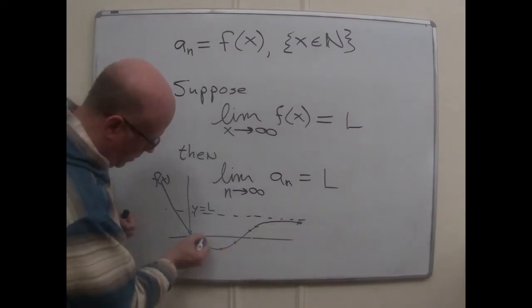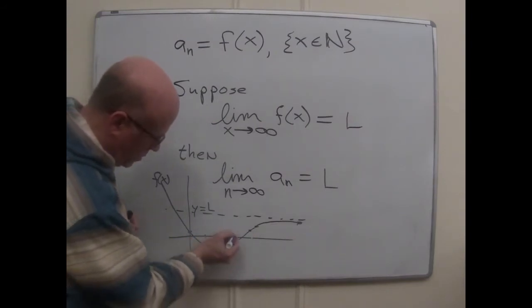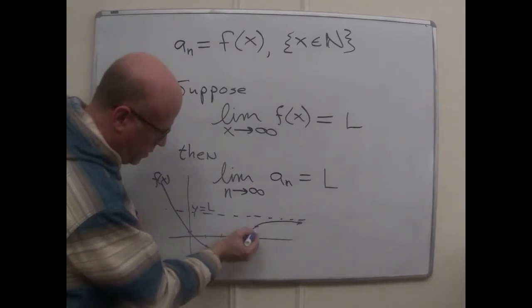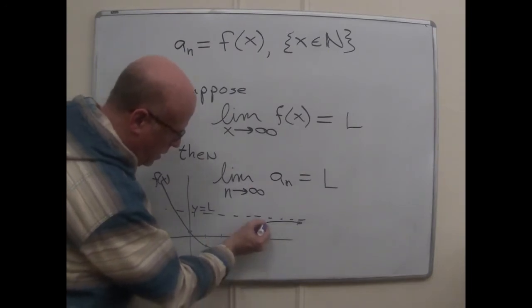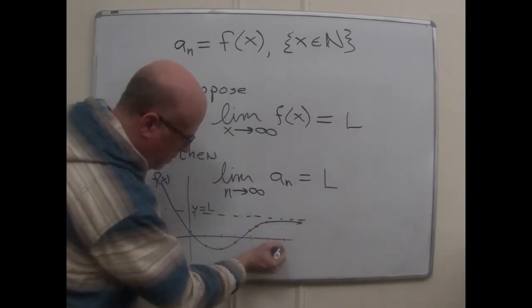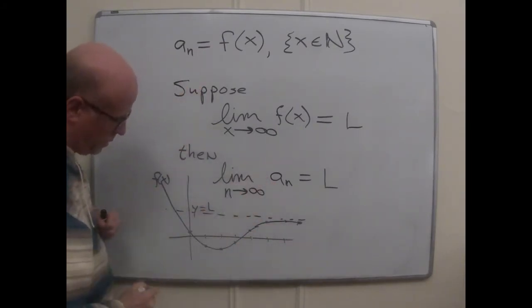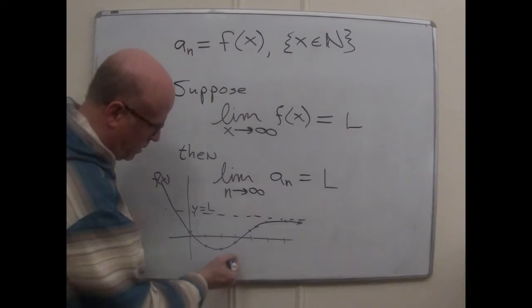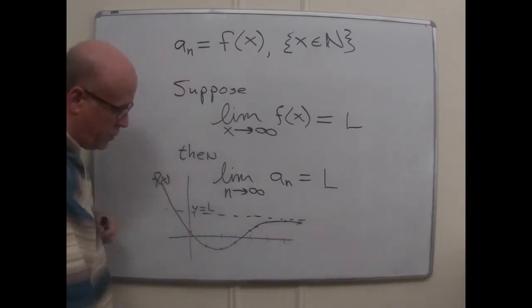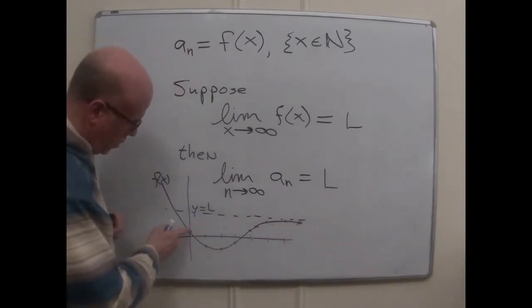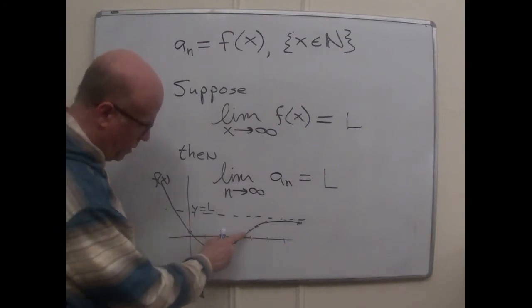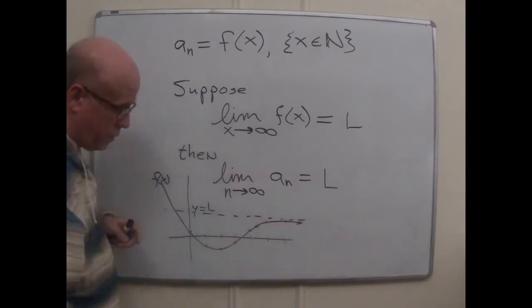Right? I'm basically thinking about integer spots along the x-axis and plotting the value there. And you see that, again, like the function, after this initial dipping funny behavior, it's getting closer and closer to a certain value. So these things started positive, then went negative for a while, but then they're just getting closer and closer to the value of L.